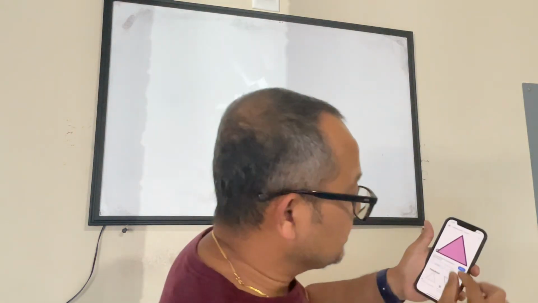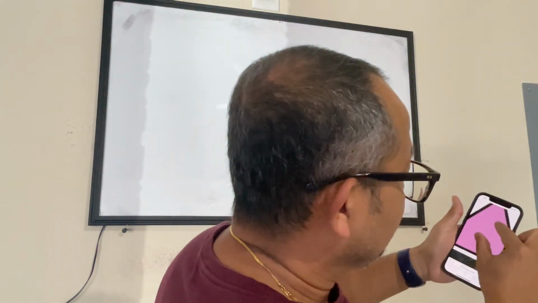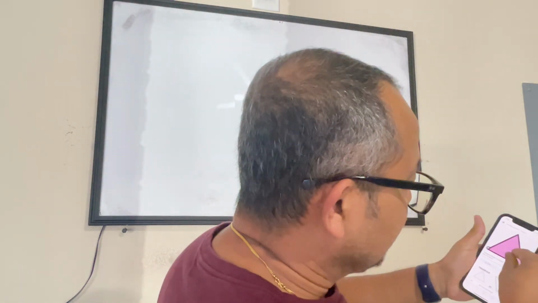Imagine I have, let's say, a triangle. I search for a triangle here. Let me show you real quick. Triangle shape. Look at this triangle, okay? When I am zooming in, it's the same triangle. The properties remain the same, meaning the angles will remain the same. Only the length of the sides will change.